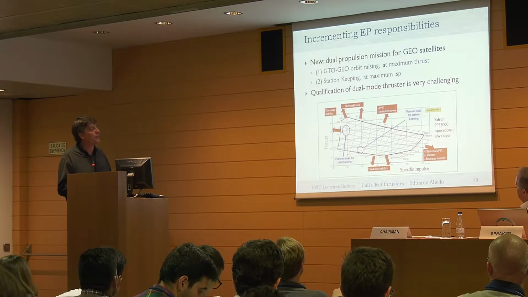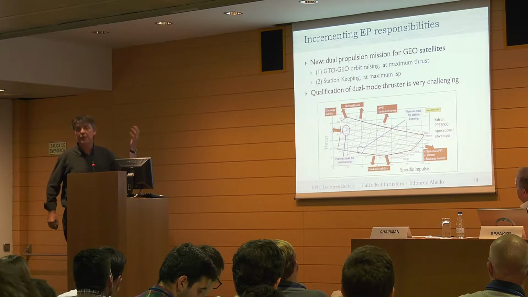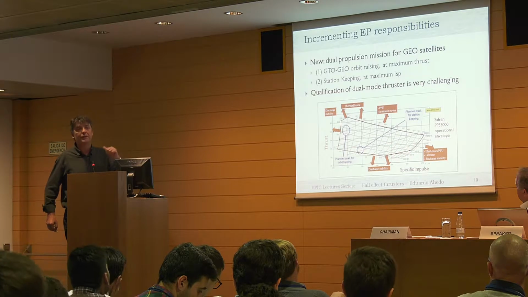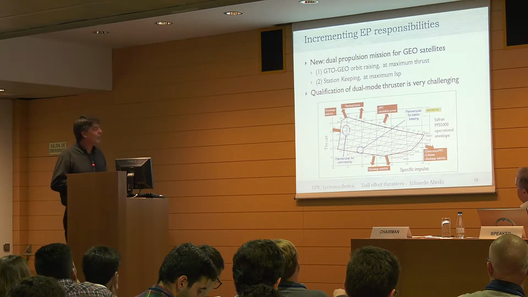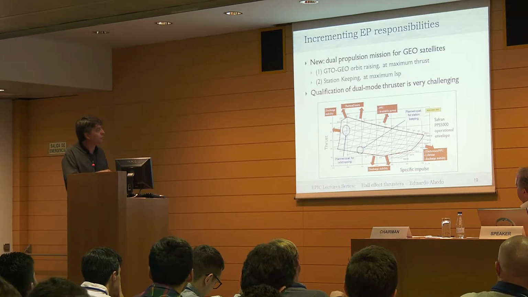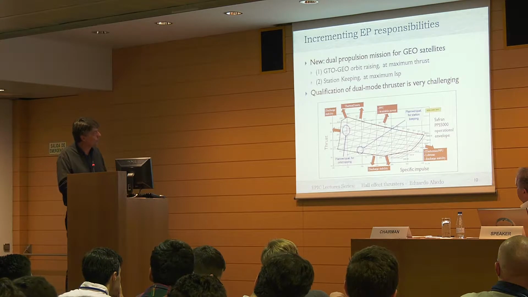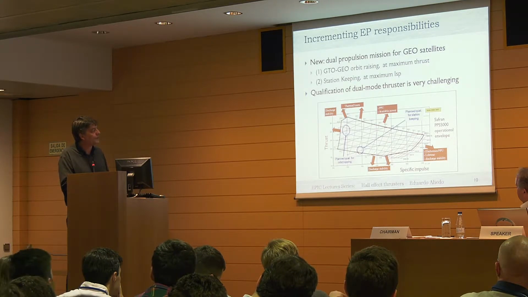of each thruster. This is an example for the PPS 5000, that is supposed to fly on this Airbus platform, the E3000E platform. Here we can work in all this region. Here would be the point with high thrust and a lower specific impulse, so it would be the point to operate at orbit raising, and this would be the point to operate at station keeping.